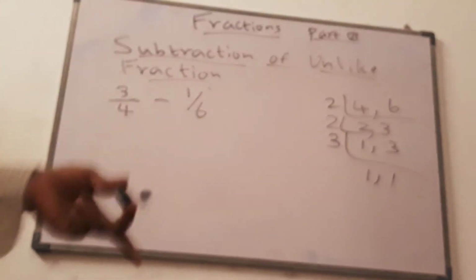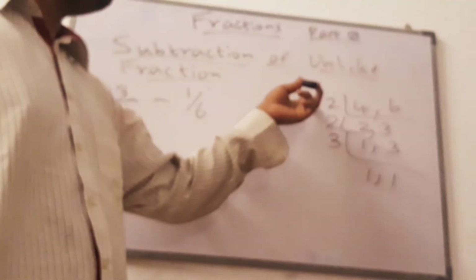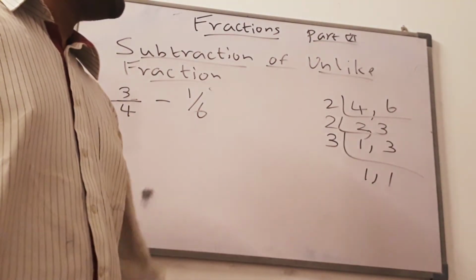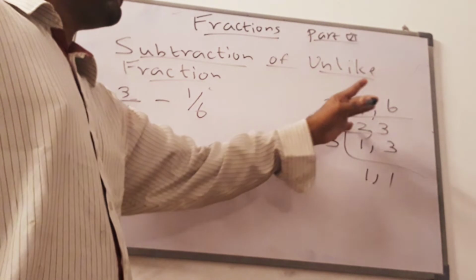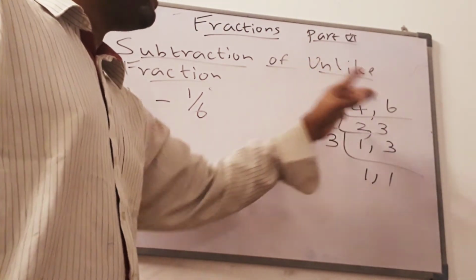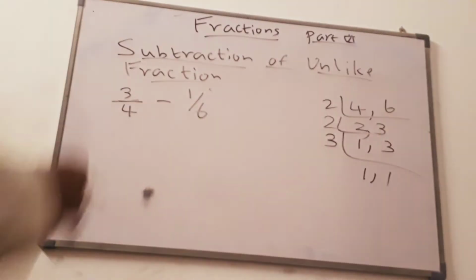So according to the division method in prime factors, first we have to divide by the least prime factor. Then we get a 3. We don't take notice of 3 here because 2 is there. So we have to divide by 2 even though 3 is not completely divisible by 2. As 3 is not completely divisible by 2, we take the 3 the way it is to the next step.